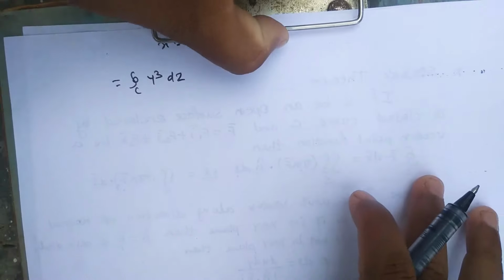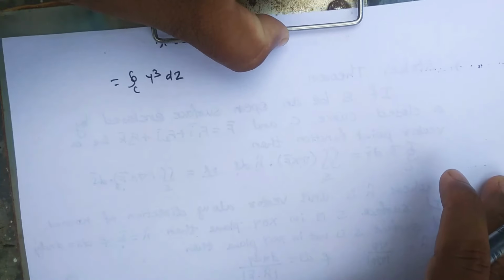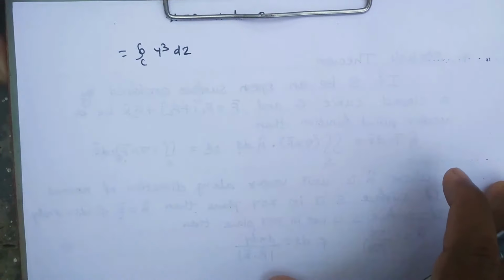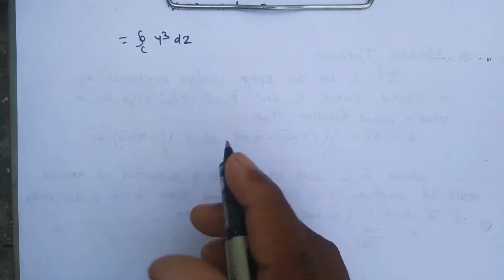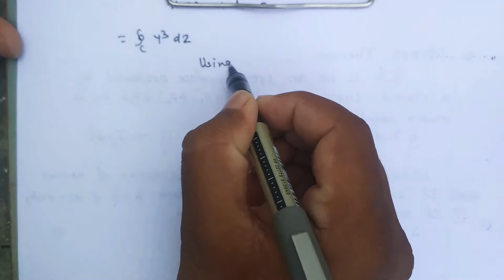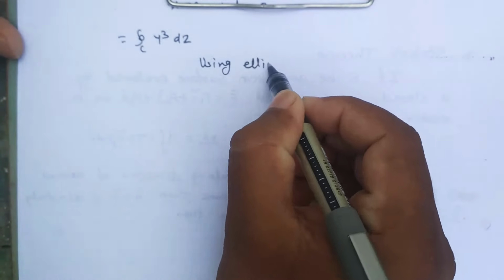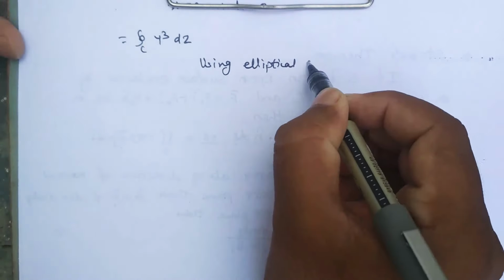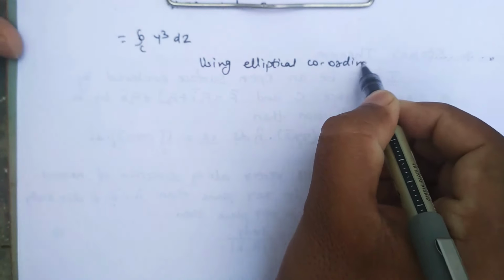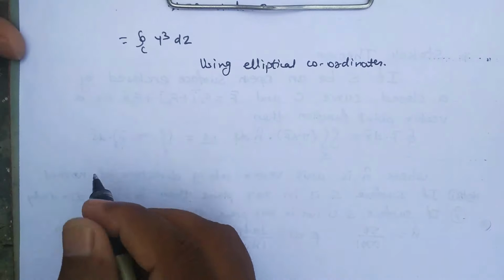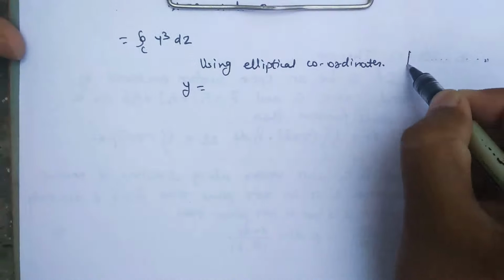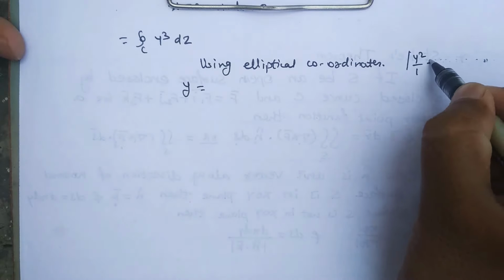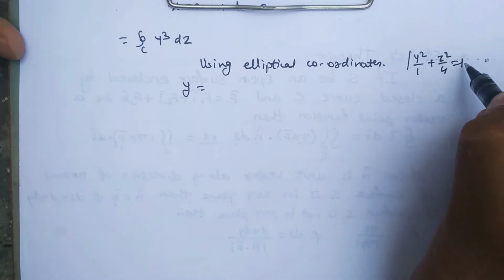Now, we are going to solve this integration over the ellipse y squared upon 1 plus z squared upon 4 equals 1, using elliptical coordinates. So, what are the elliptical coordinates? Our ellipse is y squared upon 1 plus z squared upon 4 equals 1.